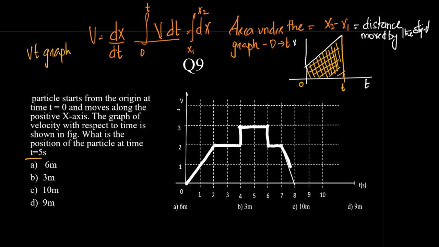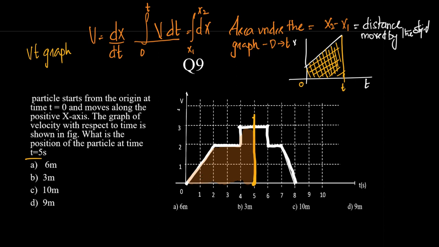So this is the graph given, and we have been asked to find the value till time t equal to 5 seconds. So this is the boundary we are talking about, and what we need is the area under this graph. This much area.